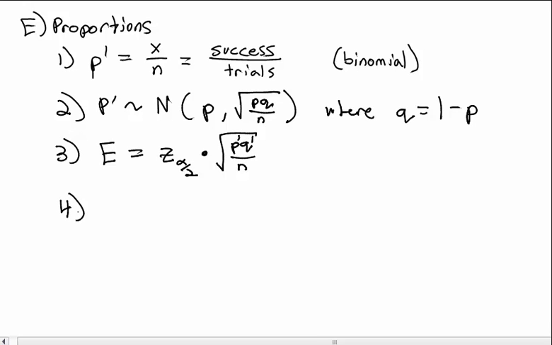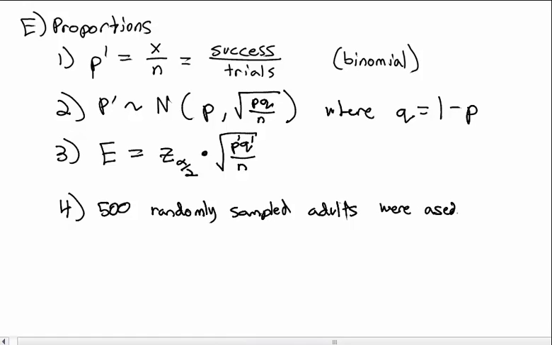So let's do an example. Let's say 500 randomly sampled adults were asked if they had a cell phone. 421 responded yes.